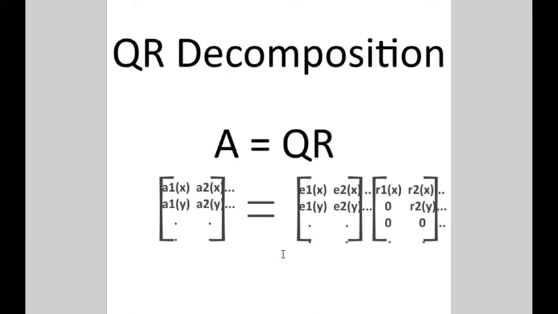So the basics of QR decomposition is, if you have a square matrix A, with columns A1, A2, A3, then you can decompose it into Q times R. And Q, as we saw previously with the Gram-Schmidt process, is the matrix we get from using the Gram-Schmidt process, the orthogonal matrix.